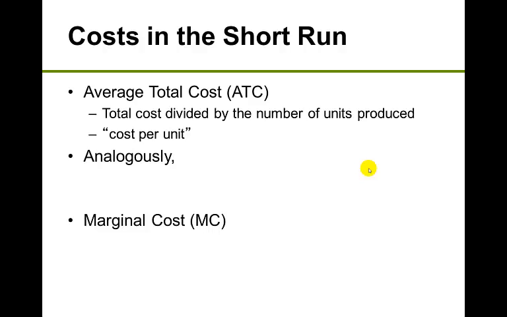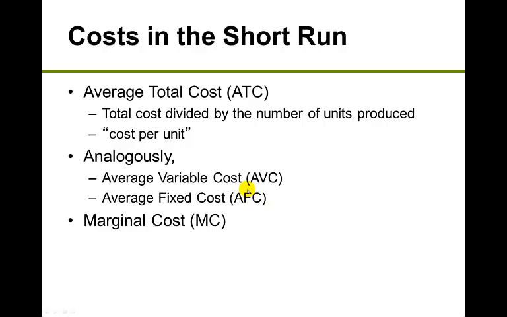So what we can start to do then is turn those three cost measures, variable, fixed, and total from the last slide, into averages. So what we can do with total cost is we can take total cost and divide it by the quantity output, and that gives us a measure of our average cost per unit output. And we can do the same thing with variable cost and fixed cost.